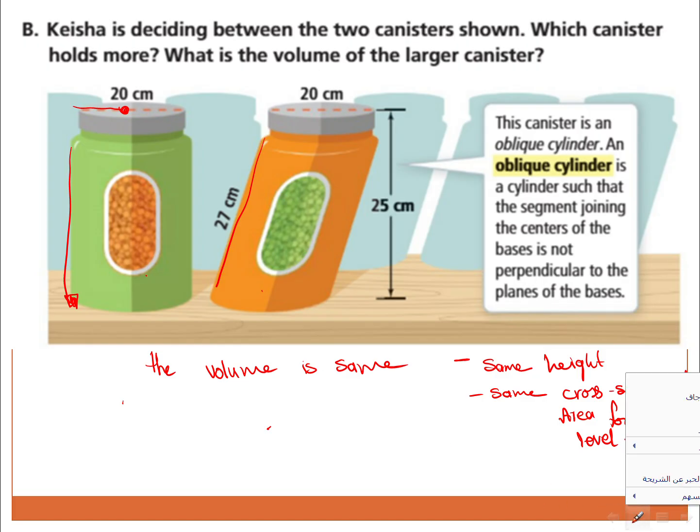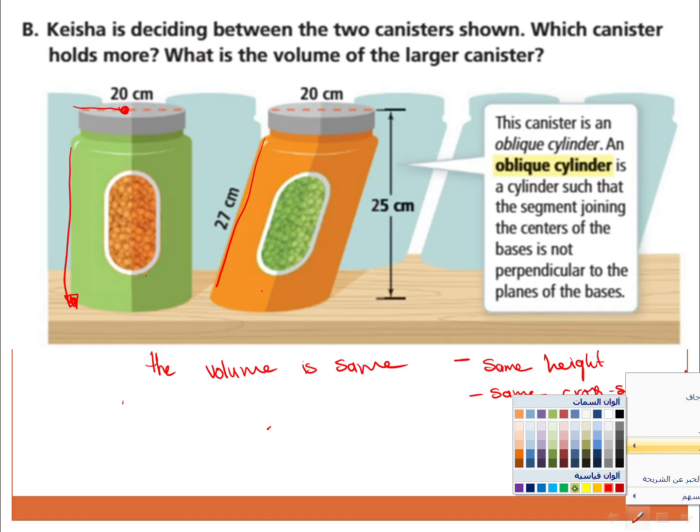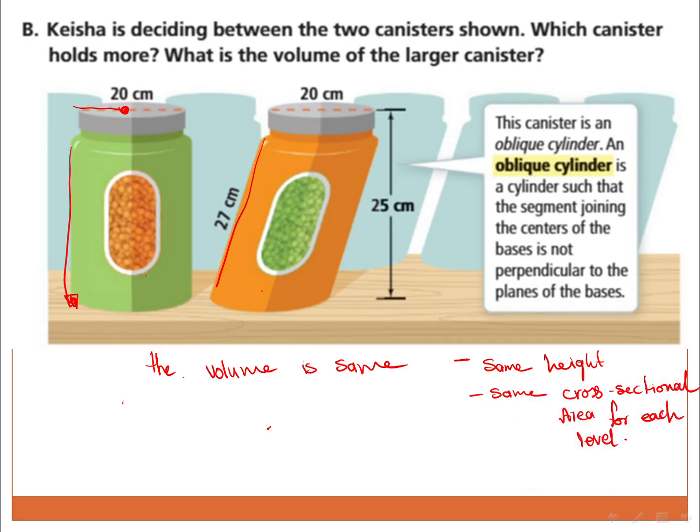So in this case, I can just say that they have the same volume, so I can evaluate just this one, the green one.